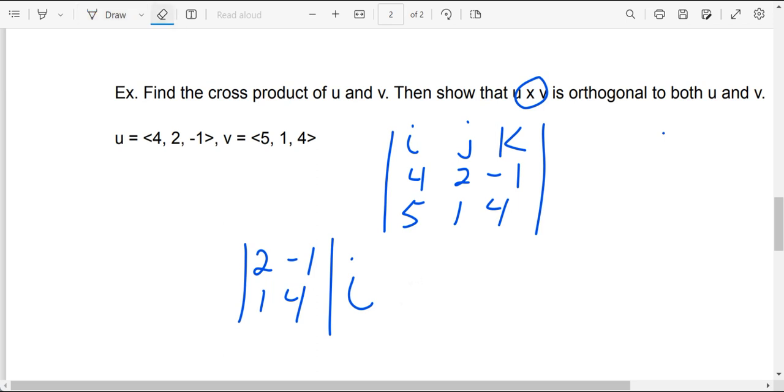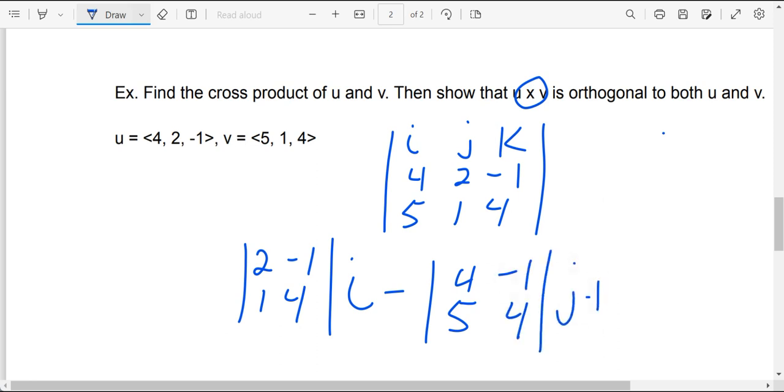Oopsies. That should be a minus sign. Minus. Now, if we get a result here that's going to be negative, then also it's going to be a plus. I'm going to ignore j. 4, 5, negative 1, 4, j, plus. Now that one's plus. We ignore k. 4, 2, 5, 1, k.